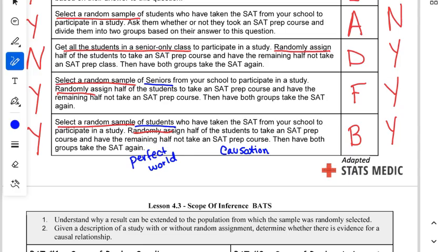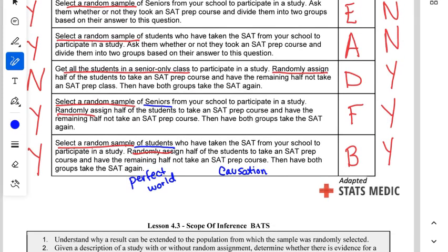So this was also causation, but what was different? What is F? Yep, it was for seniors. So this was just seniors. So we changed the population, so it only applied to that population.